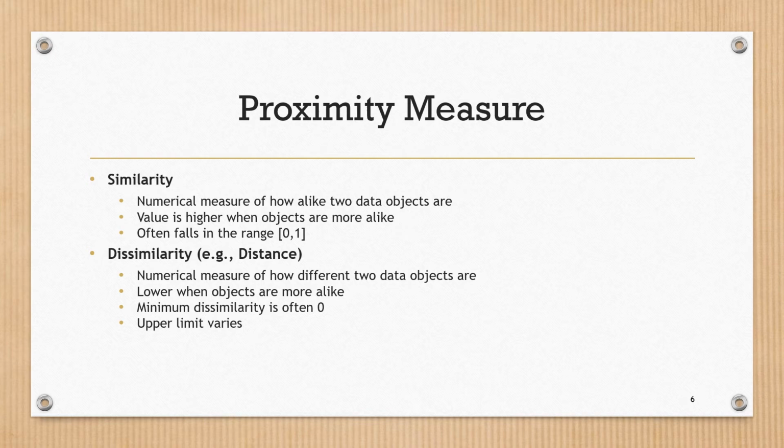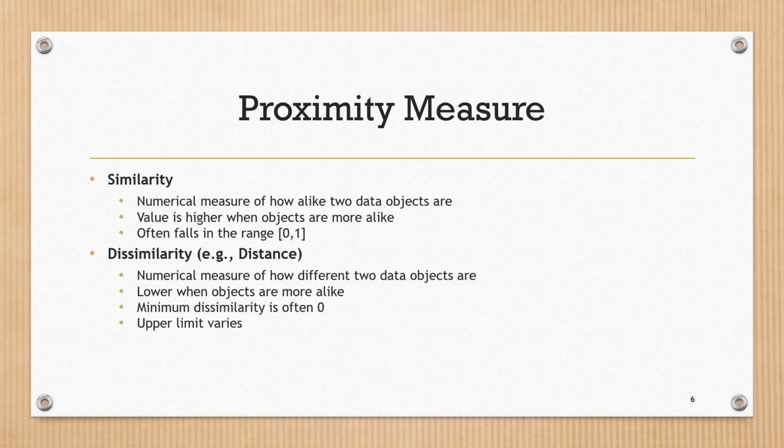Outlier analysis also employs clustering-based techniques to identify potential outliers as objects that are highly dissimilar to others. Similarity and dissimilarity measures are referred to as measures of proximity.